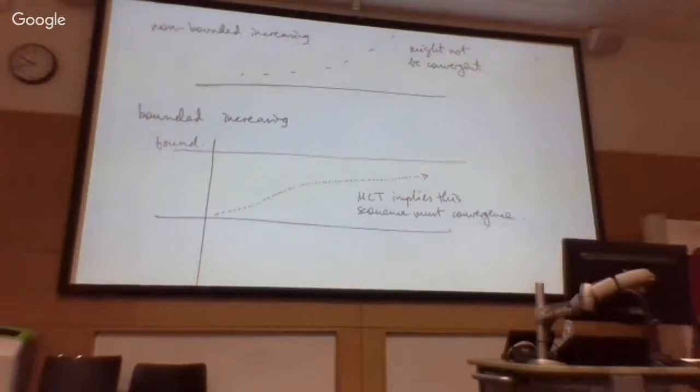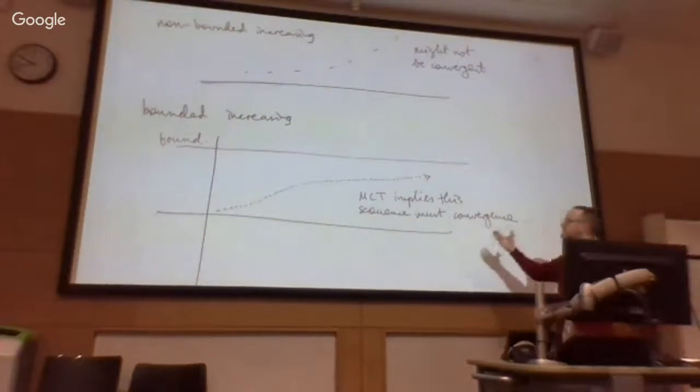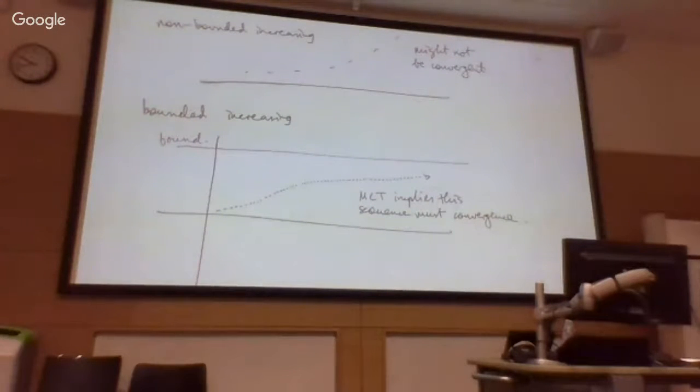And the fact that there exists a limit in the real numbers for any sequence like this is characteristic of the real numbers. It's not a property enjoyed by rational numbers. You can quite easily construct increasing sequences of rational numbers that don't converge in the rational numbers. Okay?